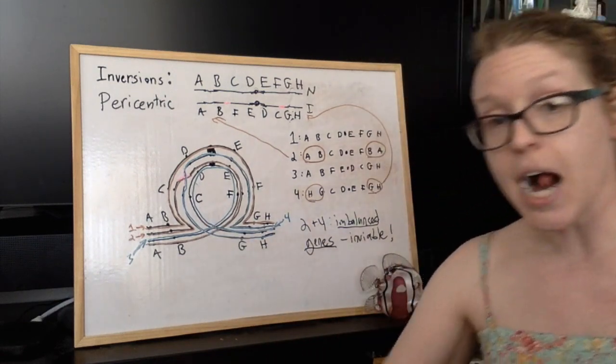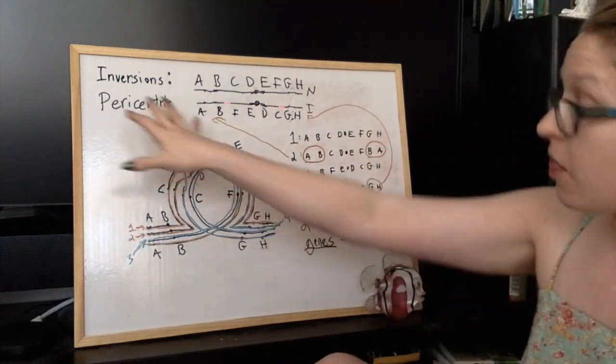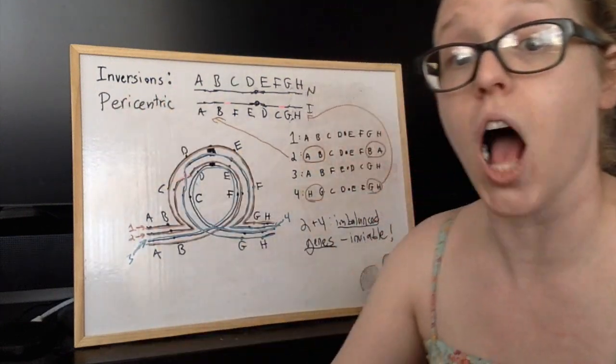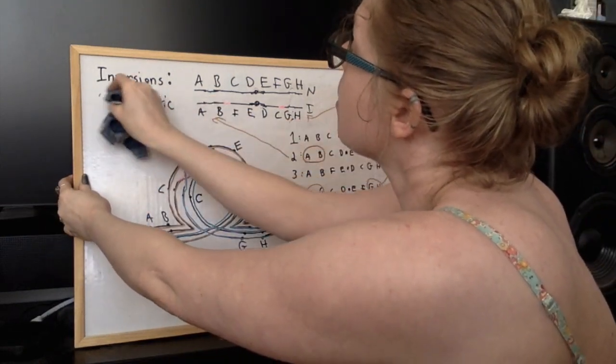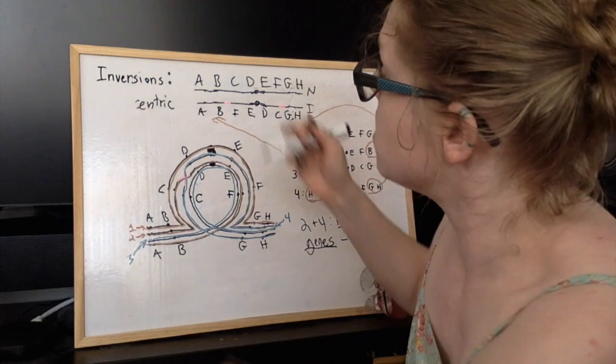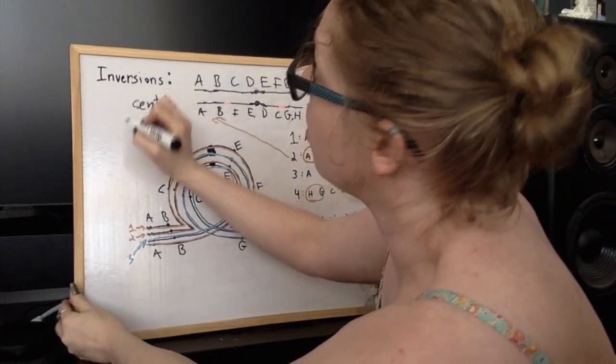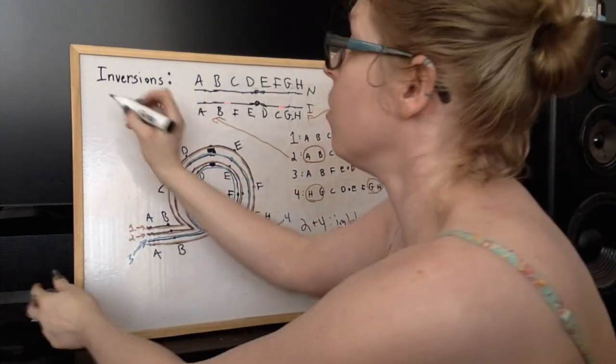So, given that, let's talk about paracentric inversions. As we remember, para was like paranormal, outside of normal.